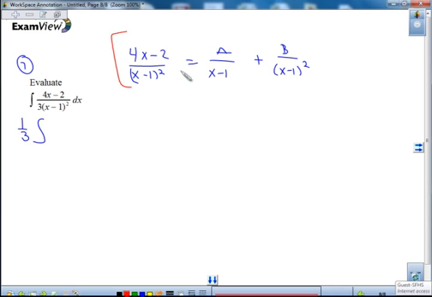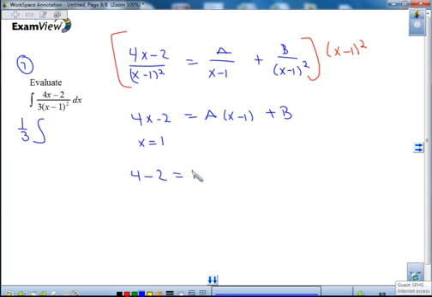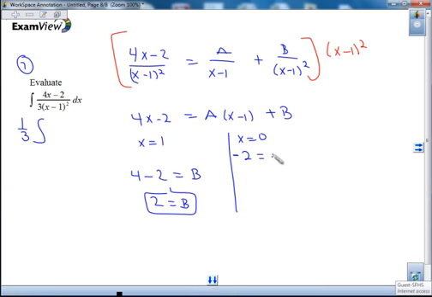Now if I multiply everything by x minus 1 squared, I'm going to have 4x minus 2 is equal to a times x minus 1 plus b. I'm going to let x be 1, so that would give me 4 minus 2 is equal to b, or b is equal to 2. And I'm going to let x be 0. I'm going to have negative 2 is equal to negative a plus 2. So a is equal to 4.